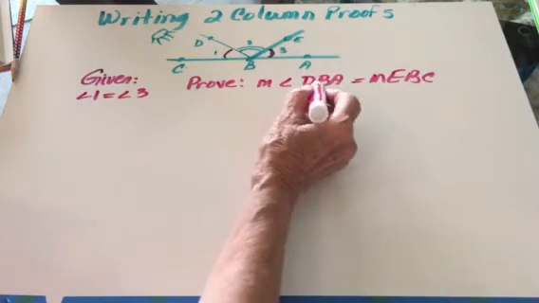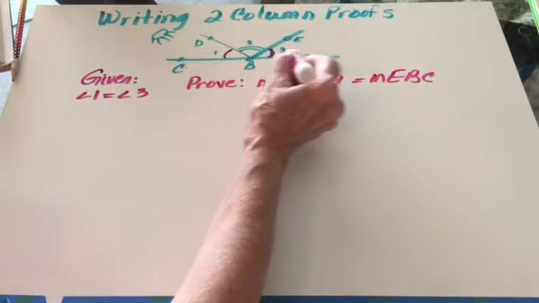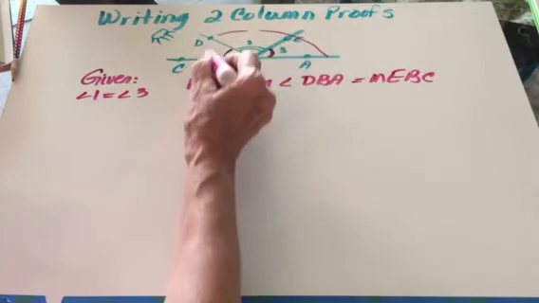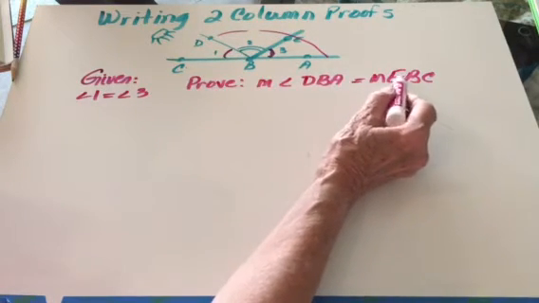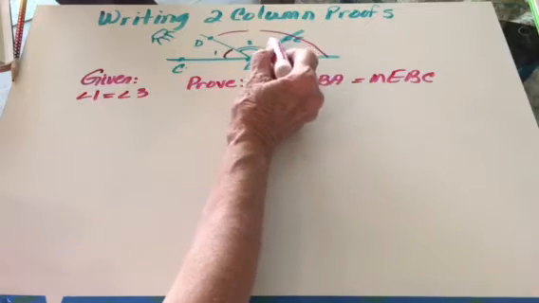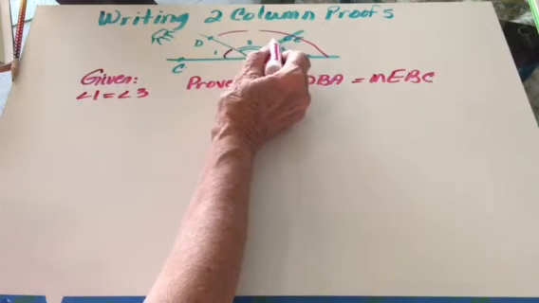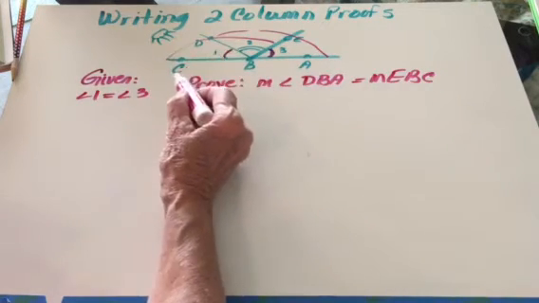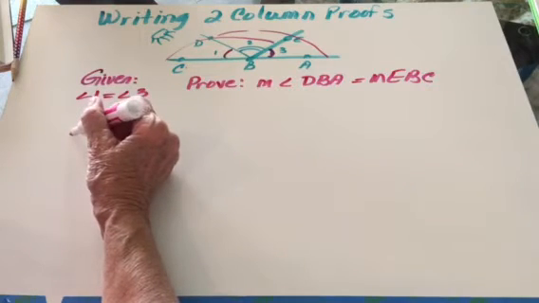They're asking you to prove that DBA, this great big angle here, is congruent to EBC, this one here.